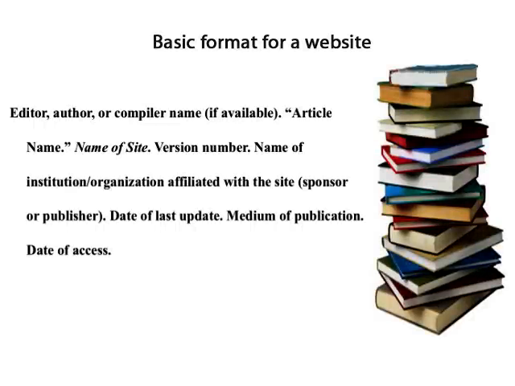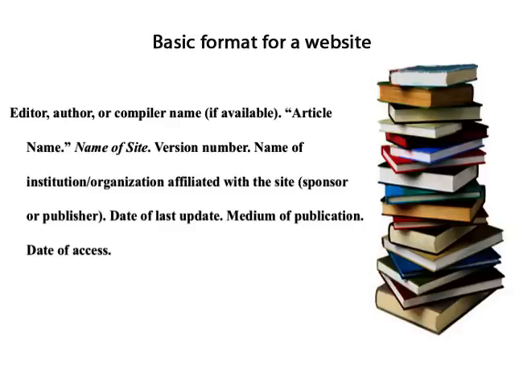Here you can see a very basic format for a website. For the works cited page, it begins with the editor or author's name, if that's available, then followed by the article name. If it does not have an editor or author or name of an organization, then you would actually start the citation with the article name.